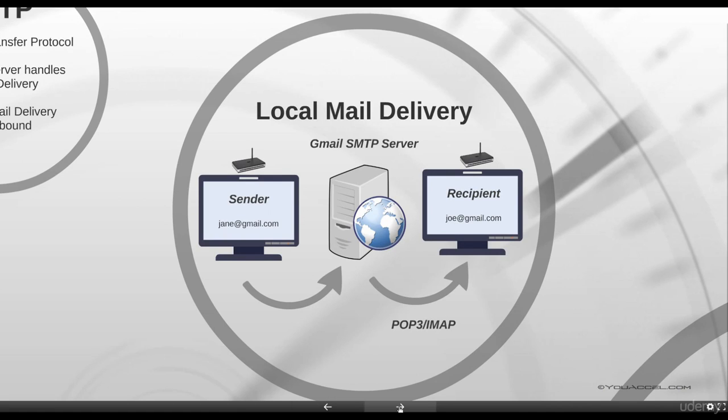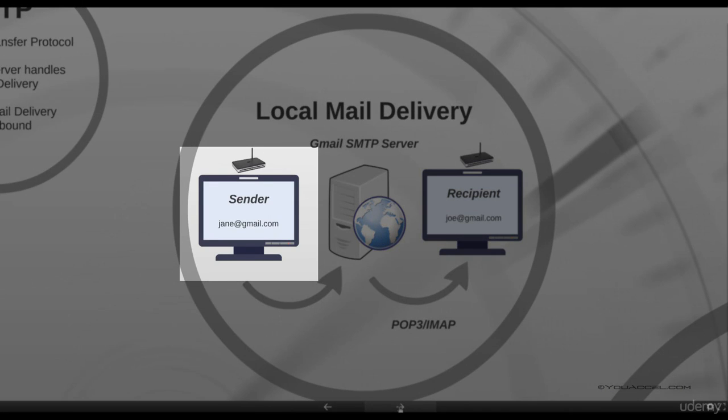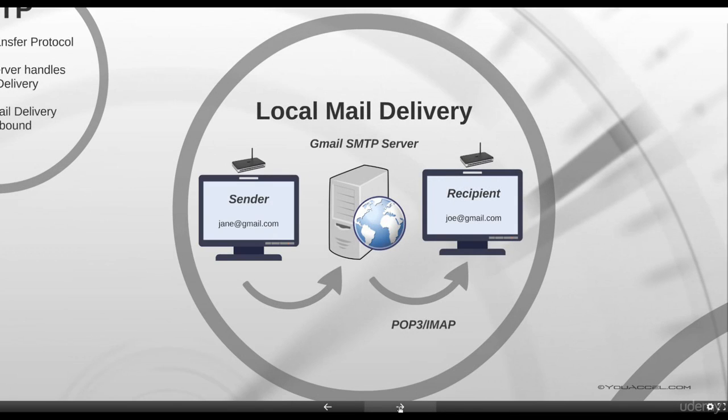In this case, the sender sends the email from his or her workstation either through a web-based mail service or from a locally installed email client such as Microsoft Outlook.